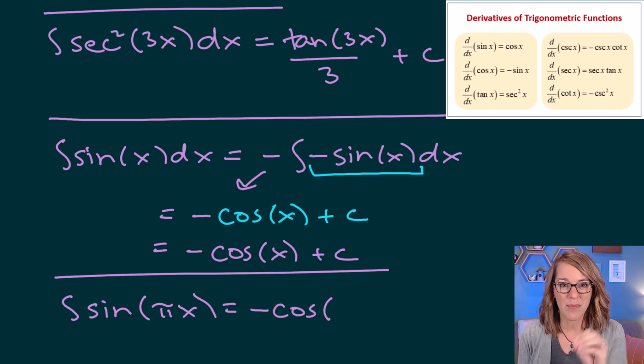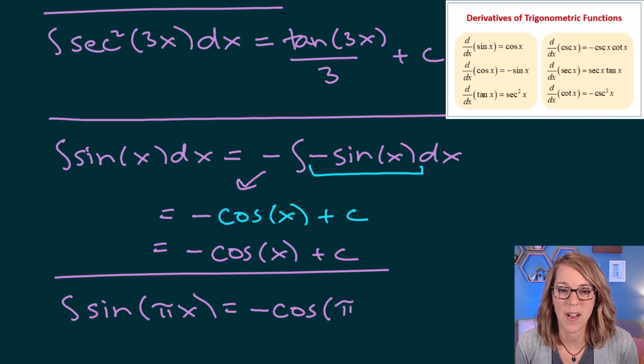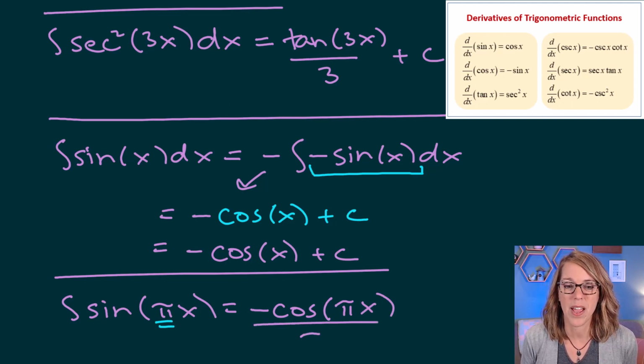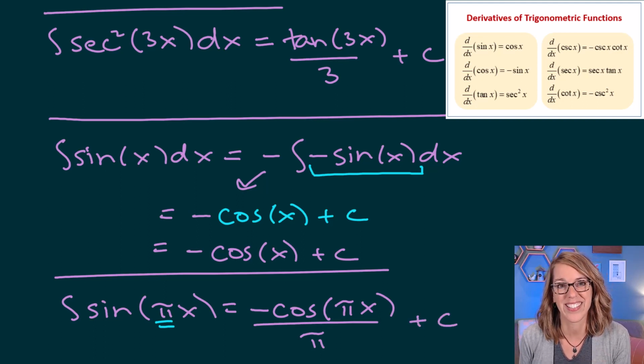I'm going to leave the argument on the inside, so that's going to be a pi x, but I've got this constant multiplier inside, which is my pi, so I am going to divide by pi and then add that c. I'll bet you're doing great. Again, whether you're able to do this on your own or follow along with me, you're exactly where you need to be.